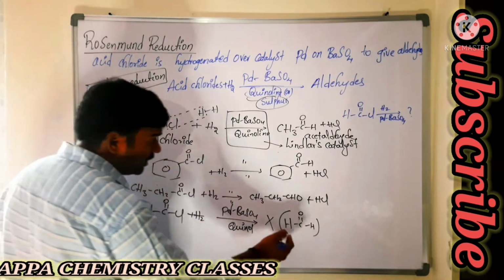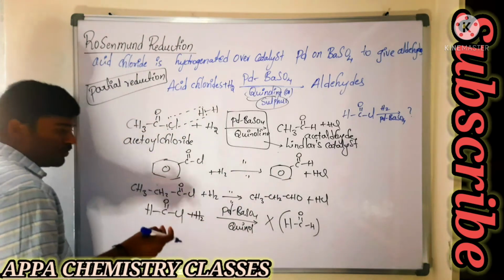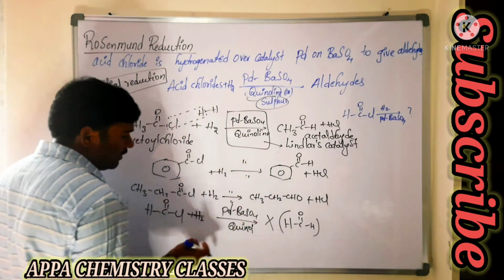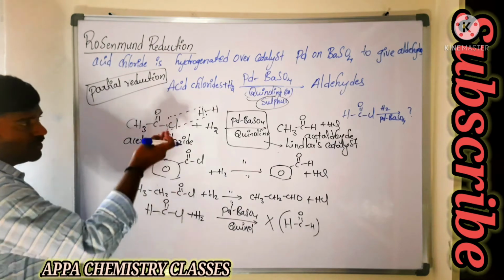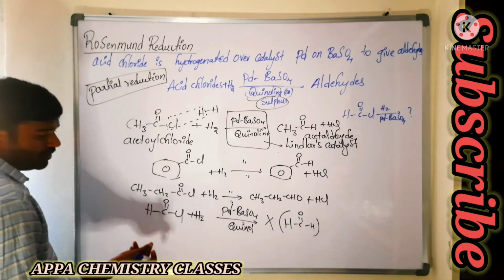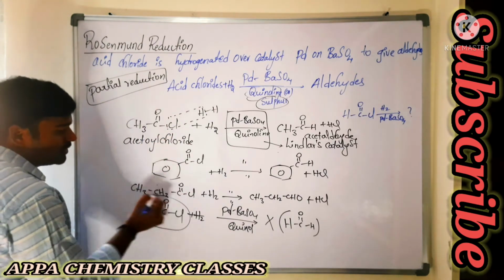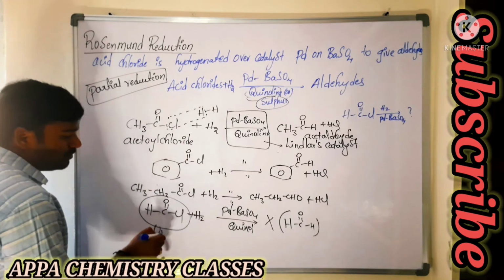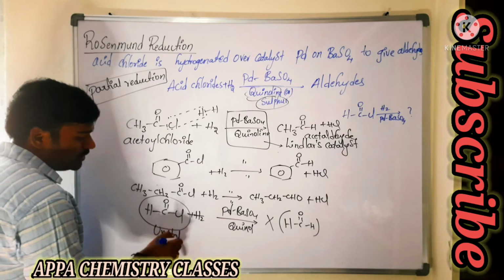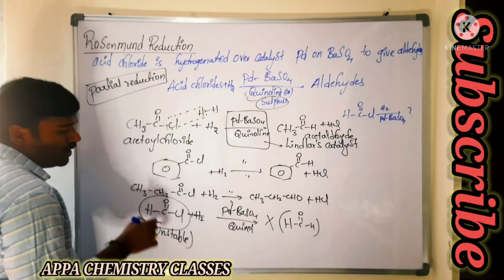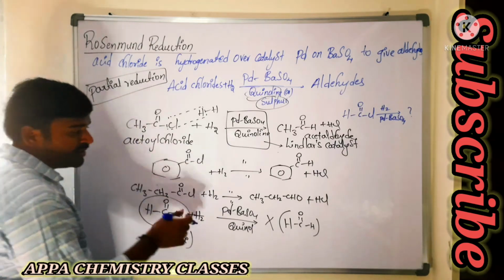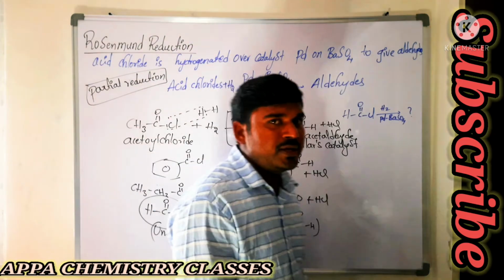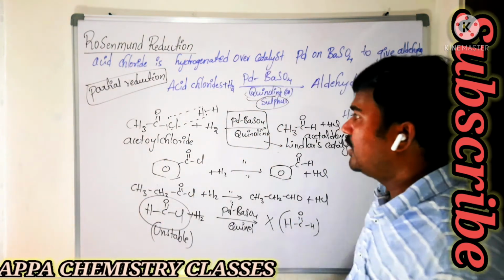Why don't we get formaldehyde? It should be hydrogenation just like the above reactions. But formyl chloride is highly unstable and generally does not exist. For that reason we will not get formaldehyde by the Rosenmund reduction.